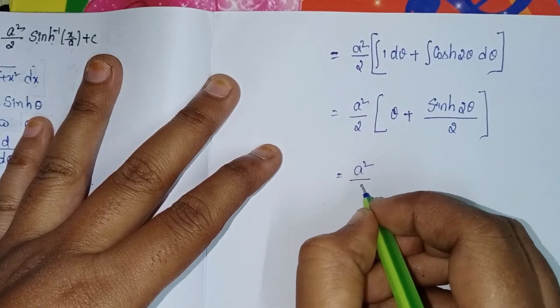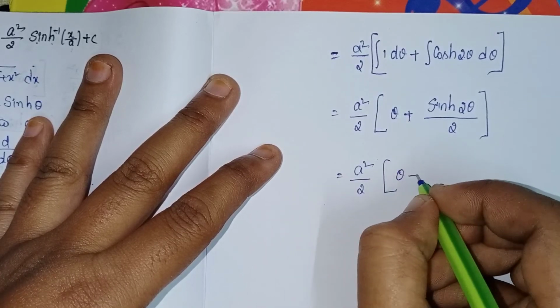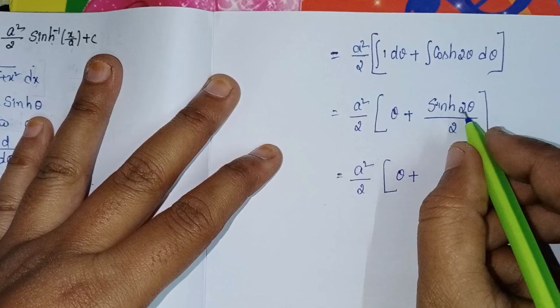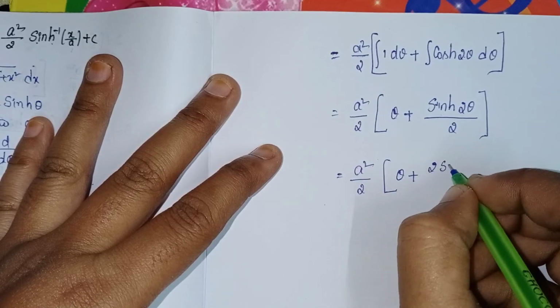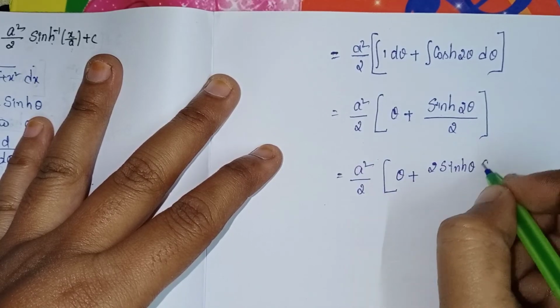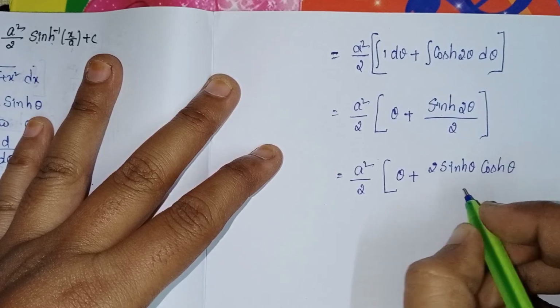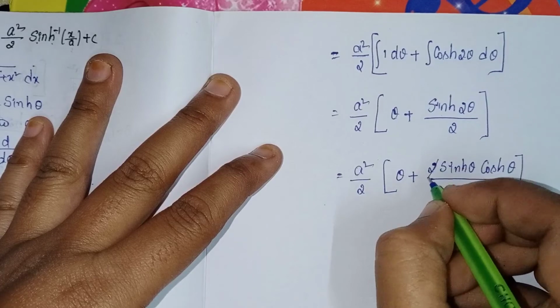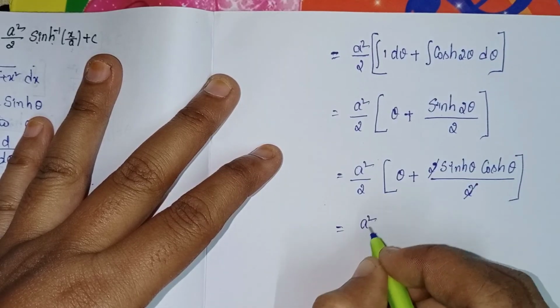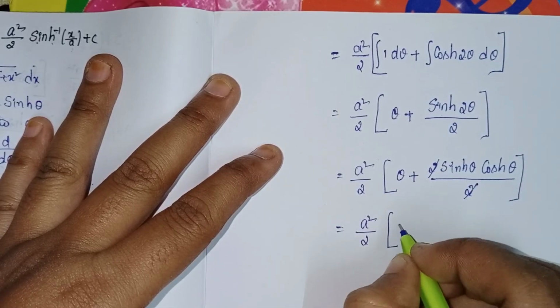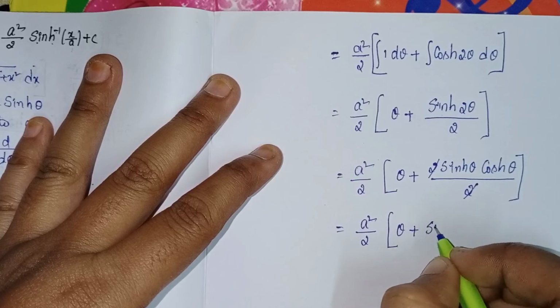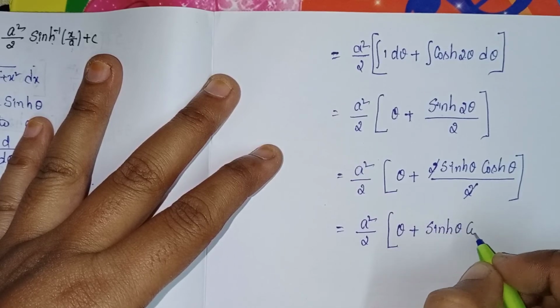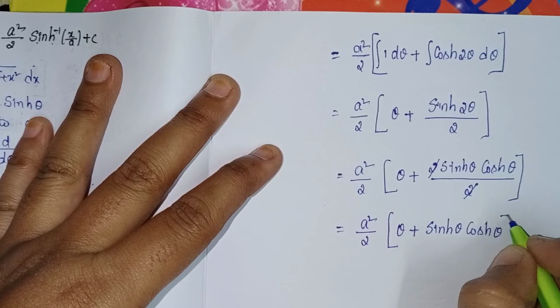A square by 2 into theta plus sinh 2 theta, by the formula 2 sinh theta cosh theta, by 2. The 2 gets cancelled. A square by 2 into theta plus sinh theta cosh theta.